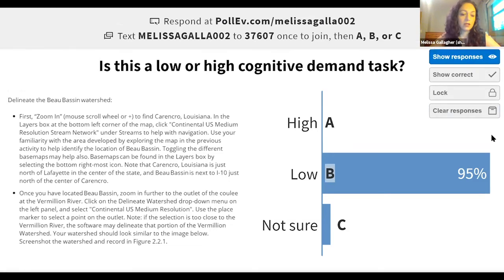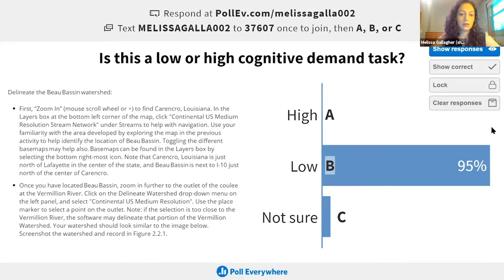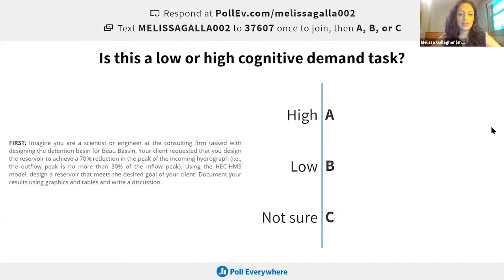See if I can switch the screen here. All right, and here's our last one we're going to talk about. Go ahead and read that and put in your vote.